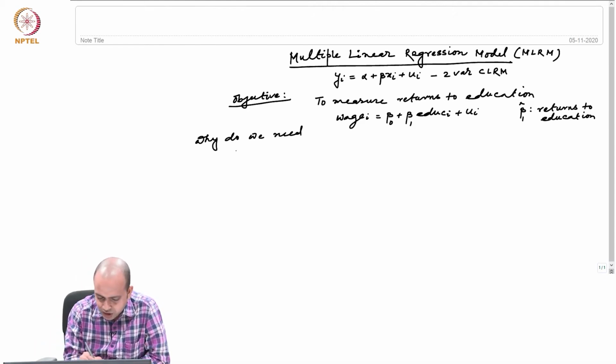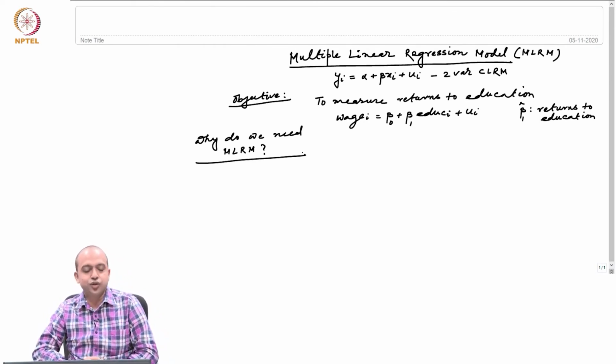So, why do we need multiple, in short MLRM, multiple linear regression model? That is the question we need to answer first. Why is there a need to understand the multiple linear regression model?